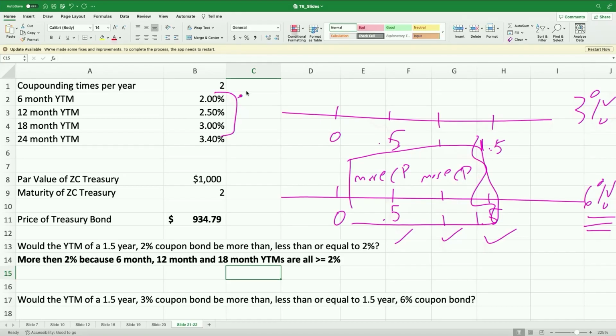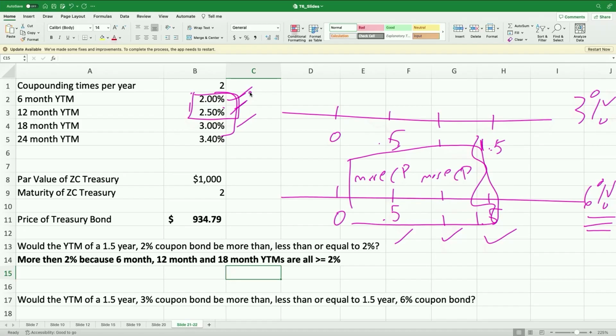We have 2%, 2.5%, and 3%. What did we just say? The 6% coupon is going to have more weight in its yield to maturity at the earlier dates, right? Which are smaller rates. So again, let me just repeat. The 6% coupon bond is going to place more weight on these earlier yield to maturities. Okay?